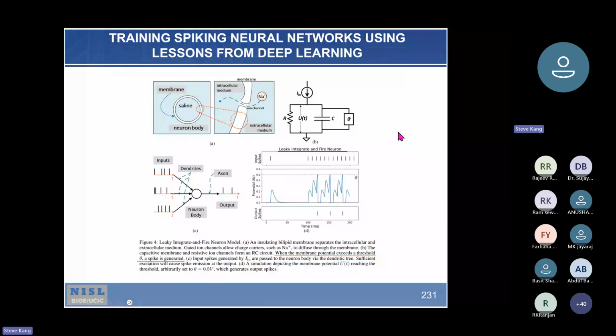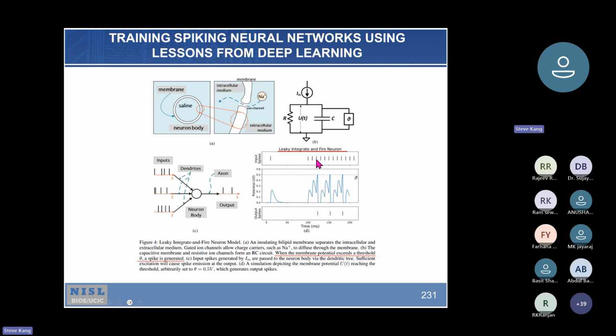It's a simple one. So suppose the incoming current has a spike input like this, then it gets integrated like this, and then it dies down because of its leaky nature.